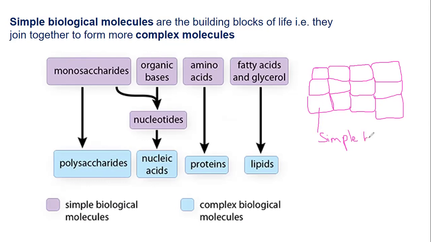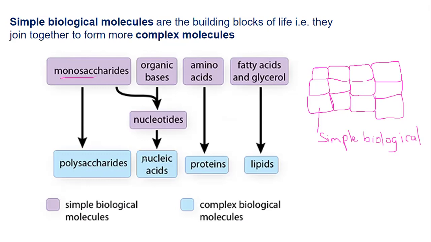For example, carbohydrates or polysaccharides are made up of what we call monosaccharides. This is a monosaccharide. We are going to look at monosaccharides and how they join to form polysaccharides.